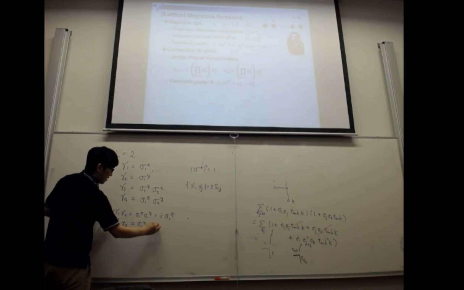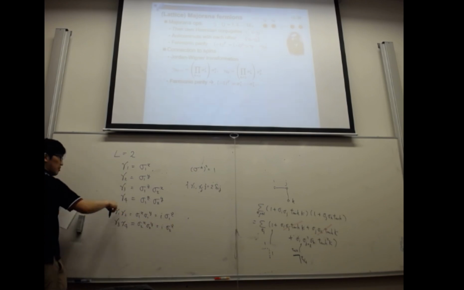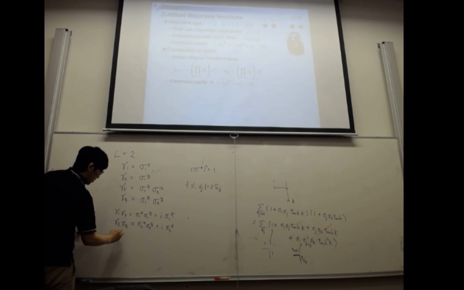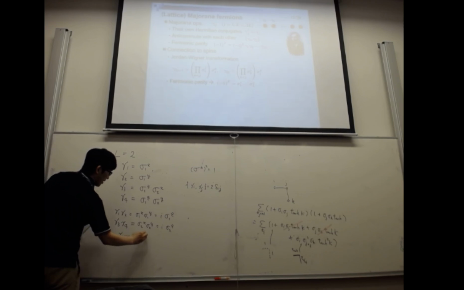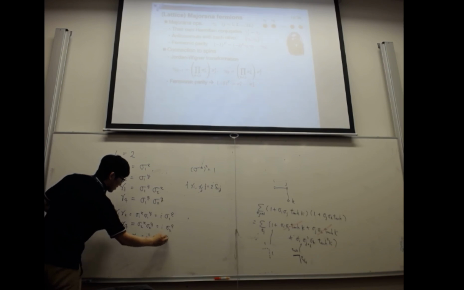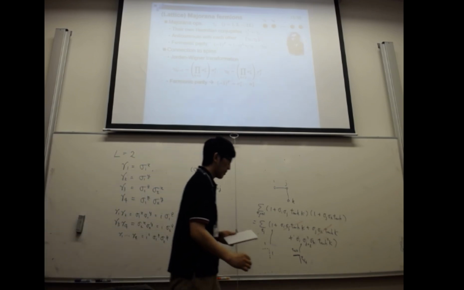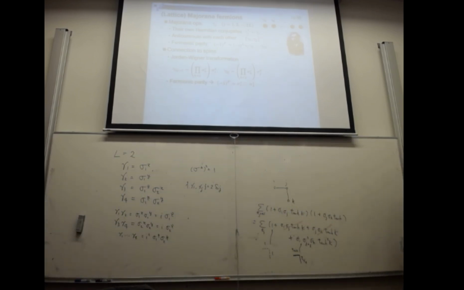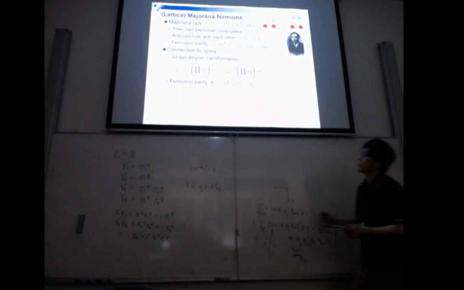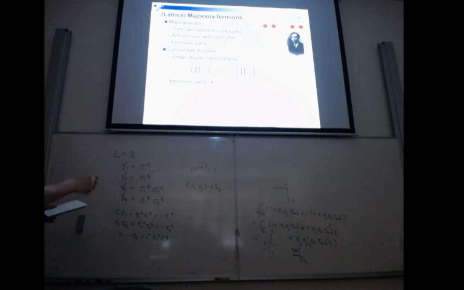And this is i times sigma 2z. So if you multiply them, then you get i squared sigma 1z sigma 2z. And this way you can prove that this relation holds, right?